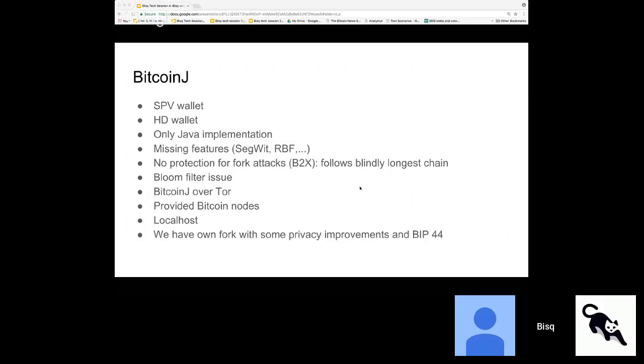Yeah, our fork of BitcoinJ was based on the latest release, which is nearly a year old. And the current master, they didn't backport all the changes to the releases. So you basically cannot sync with the current master because there are tons of changes and it's completely out of sync. We would like to get back in sync with master, but that will be a bigger effort.